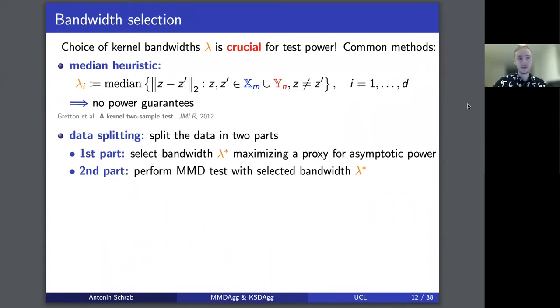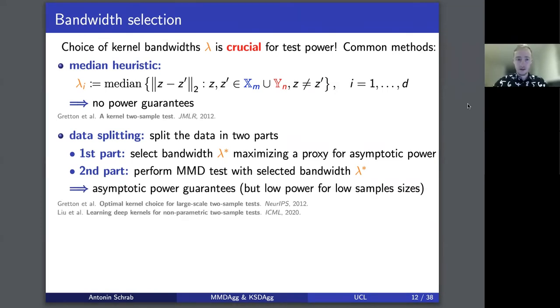And another approach is to use data splitting, where we split the data in two parts. On the first part, we select some bandwidth that maximizes a proxy for asymptotic power. And on the second part, we perform the MMD test with the selected bandwidth. And so this has asymptotic power guarantees, but however, when the sample size is low, it often results in low power.